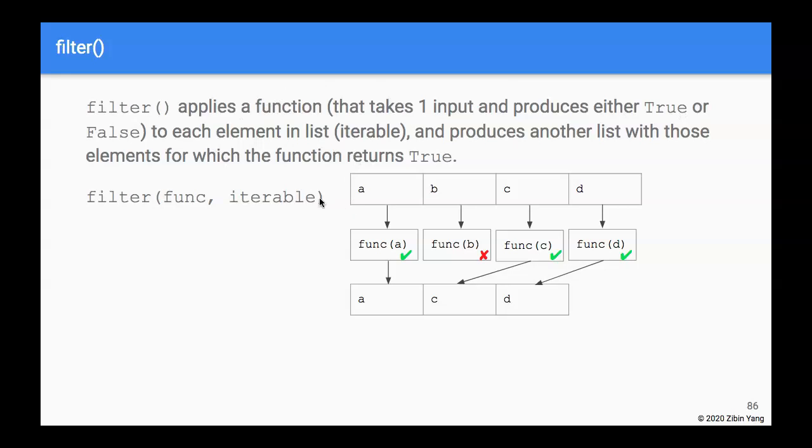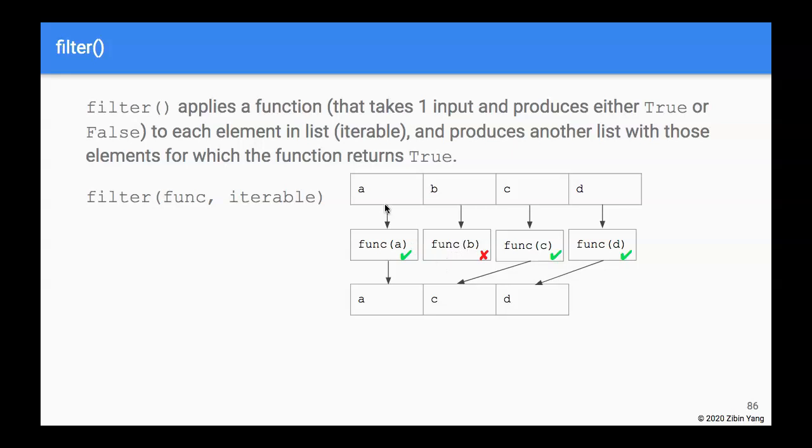Anyway, filter applies that function to each of the elements in the input list or iterable. If that function returns true, then it puts that element in the output list. If that function returns false for an element, then that element gets filtered out, so it doesn't get put into the final output list. So that's what filter does.